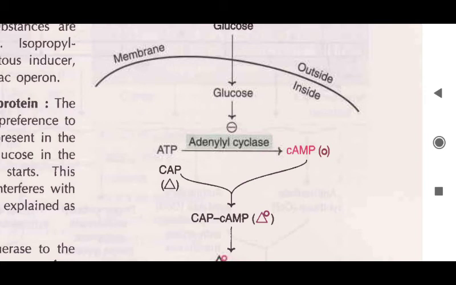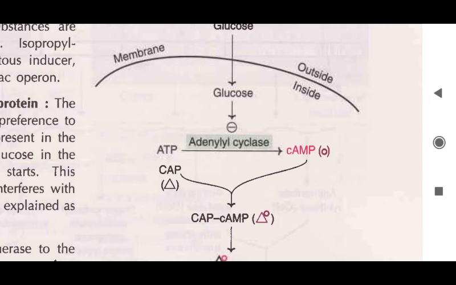This cyclic AMP acts as a secondary messenger. You will see them in the signaling chapter. It carries the message and conveys it inside the cell.